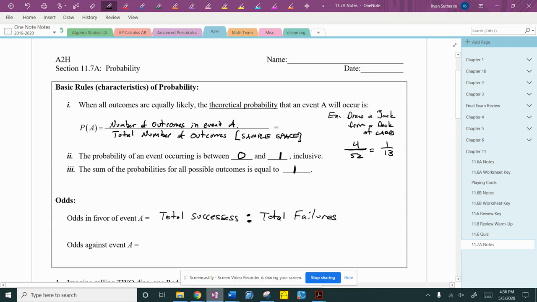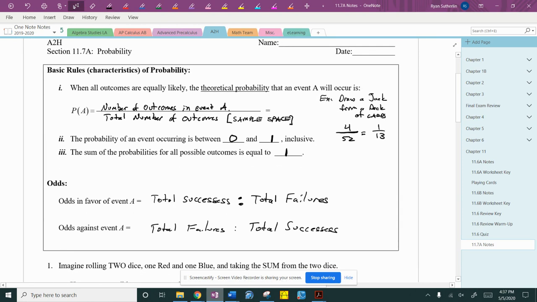So if the odds are 7 to 3, that means there are really 10 trials. They expect 7 successes and 3 failures. Now, odds against something happening, we just reverse those. We do total failures over total successes. A failure in this case means what you want to happen does not happen.